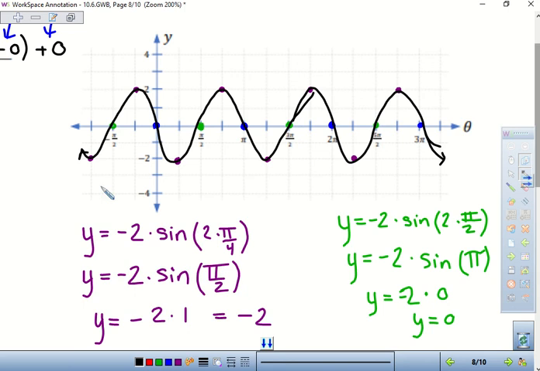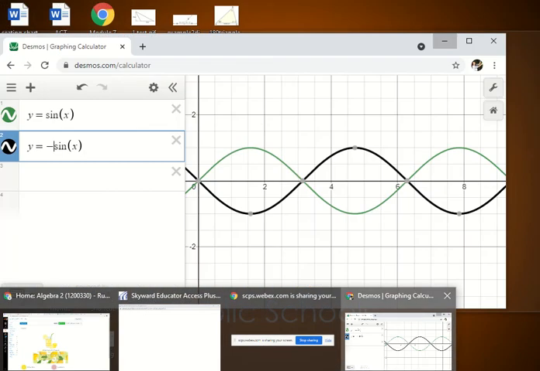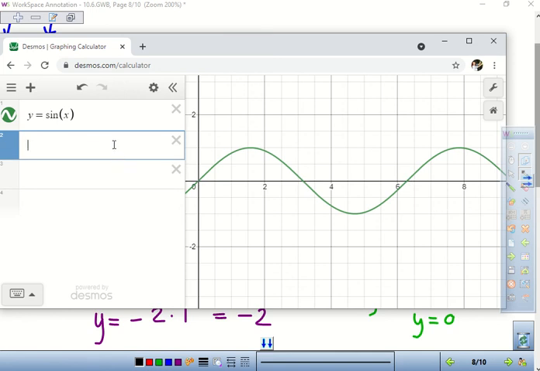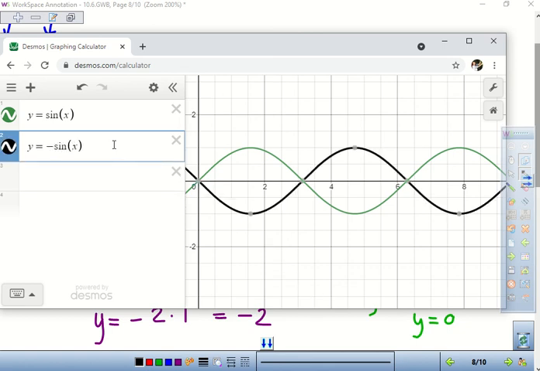Does everybody see that? I think it's a little bit easier to see this visual in parts, okay? So let me show you what I mean by that. This right here in the green is a regular sine function, the generic one. Let's say we take it and we flip it across, we reflect it.